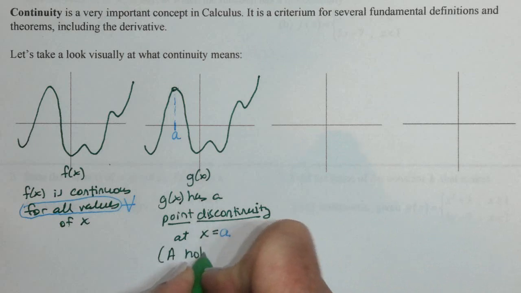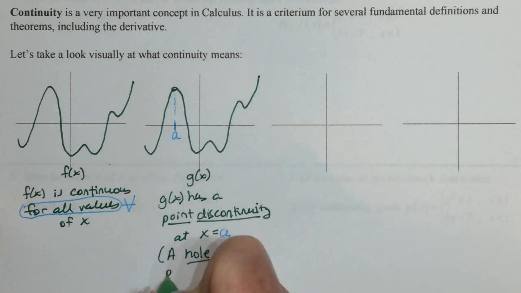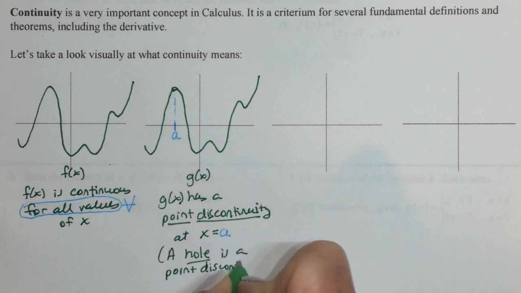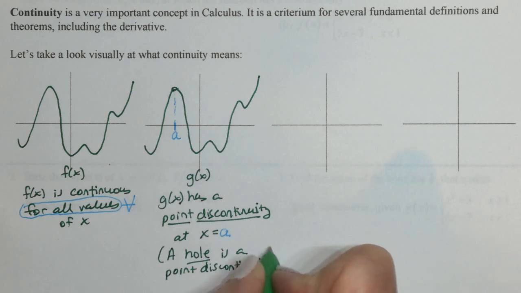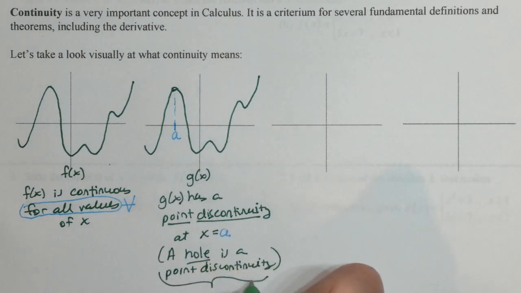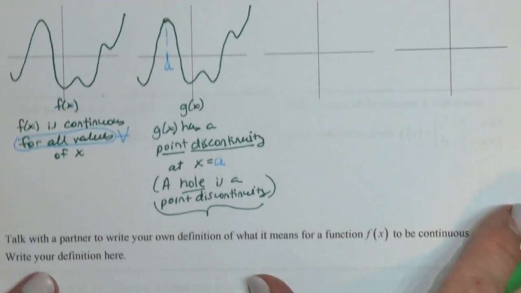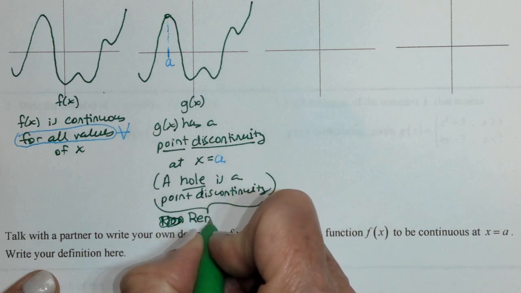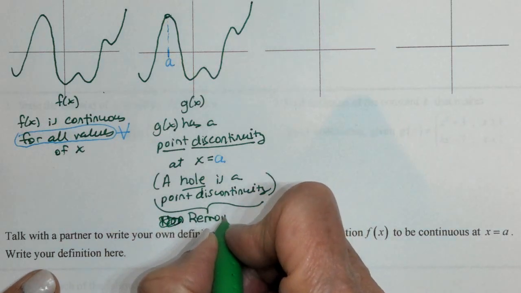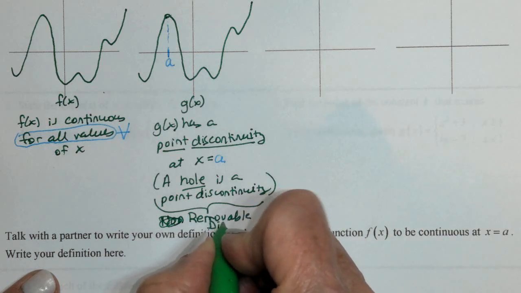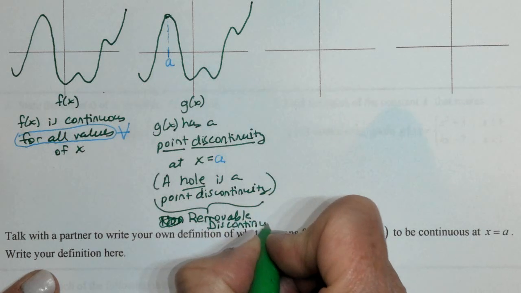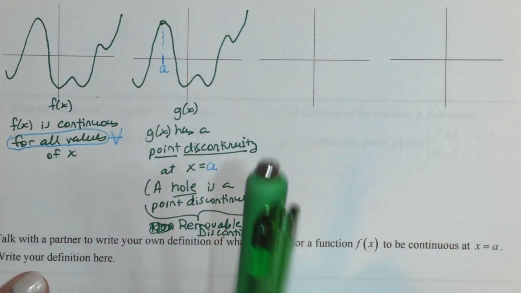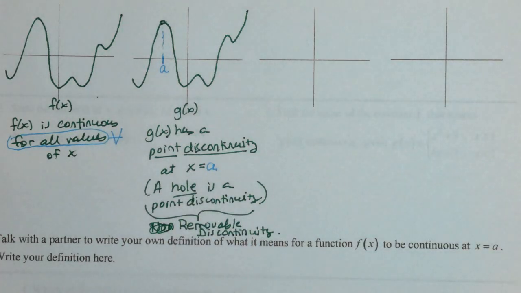A hole is a point discontinuity, and this is the only type of what we call a removable discontinuity.